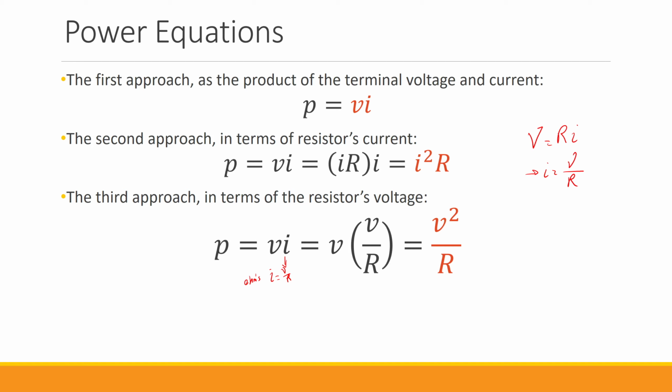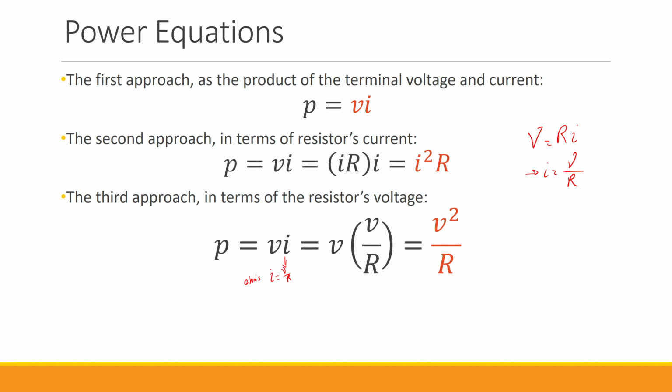So in these two equations, we use the resistor's current and the resistor value itself to come up with equations to calculate power. What if we want to write these equations in terms of conductance? It is easy. If you remember before, we had this relationship.